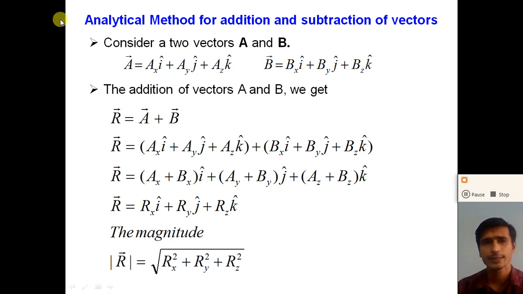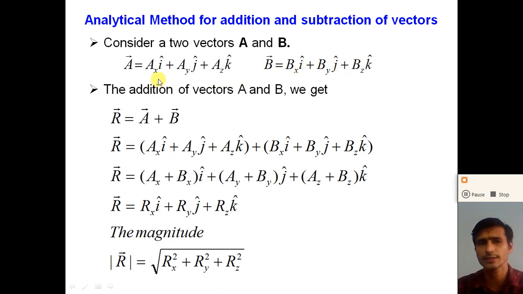So for that, consider two vectors, vector A and vector B. Vector A is given in its component form axi plus ayj plus azk. So in 3 dimensions, a vector is given in the form of the addition of 3 components, and in 2 dimensions the vector is given in the addition of 2 components, right?